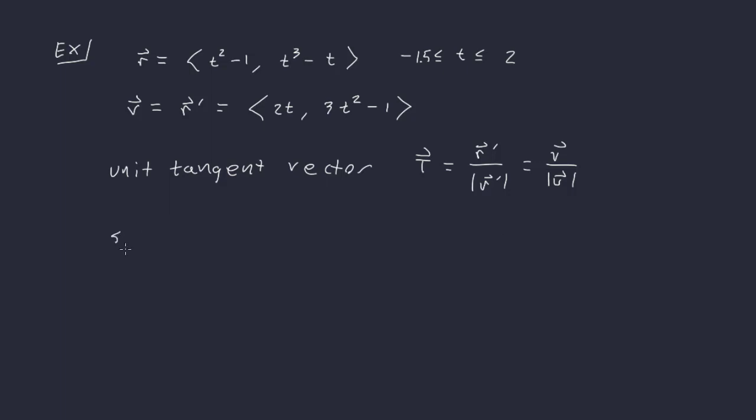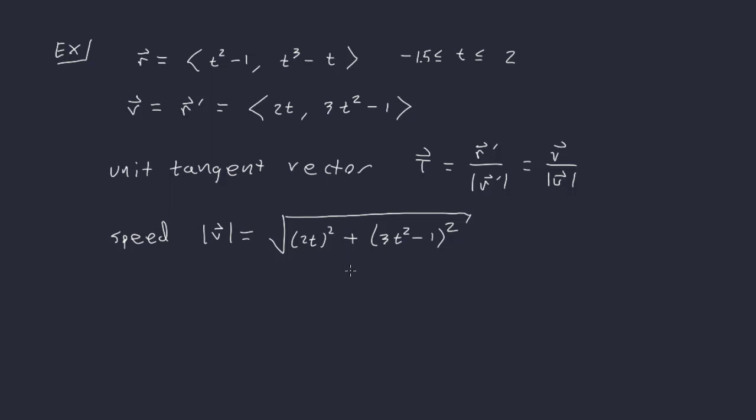So in this case, the speed is going to be the magnitude of v, which will be the square root of, in this case, 2t squared plus 3t squared minus 1 all squared. So we could simplify this.